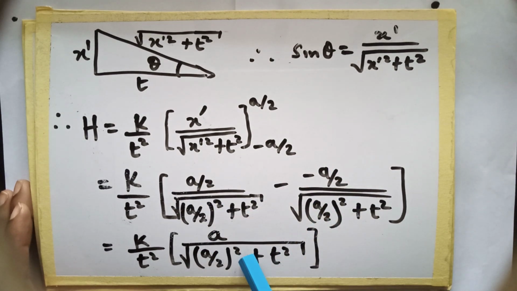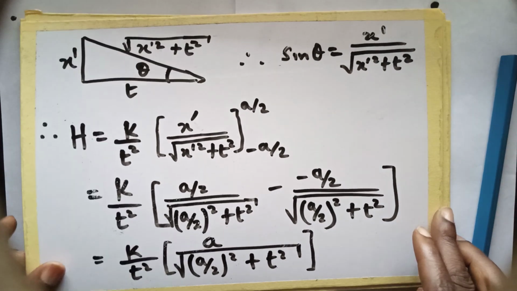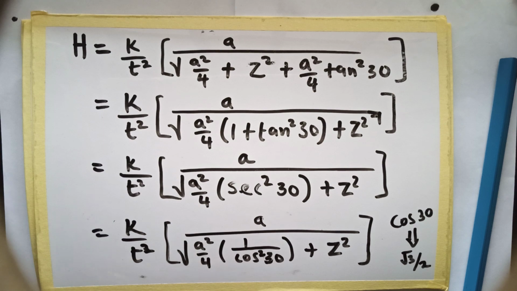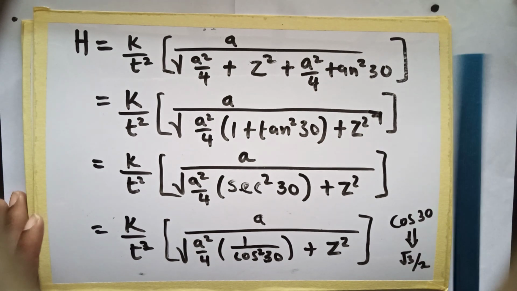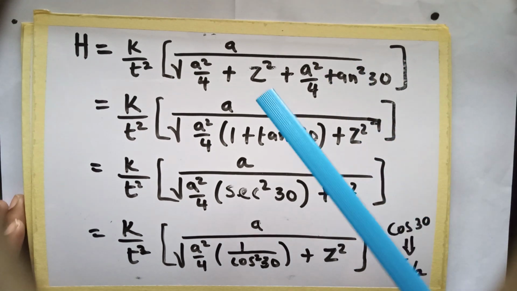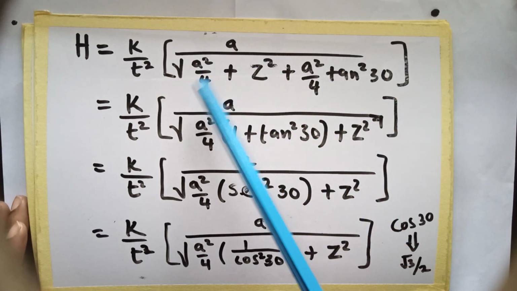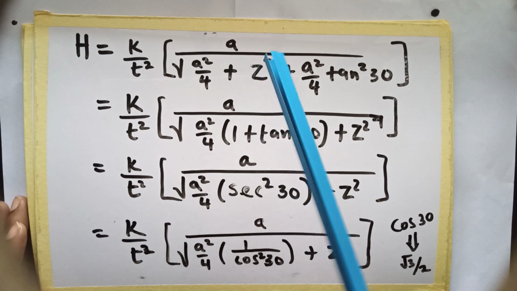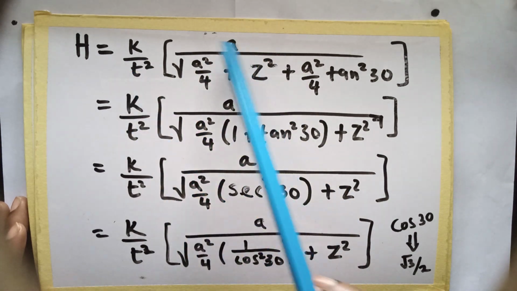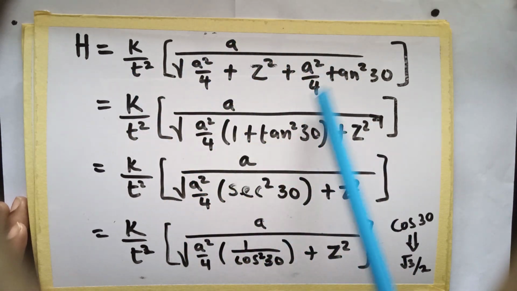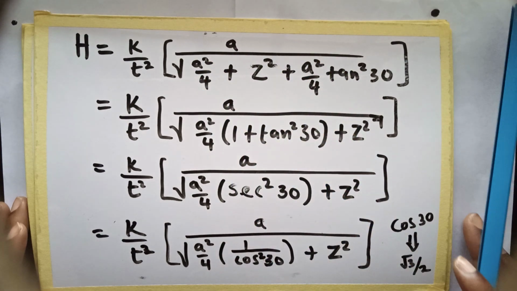This and this will come together as 1. So at the end of the day, we have this expression, which is a squared. So we substituted back the value of t into this expression.